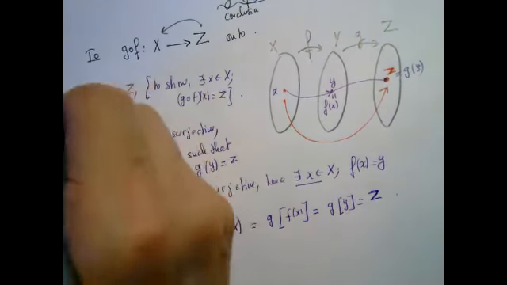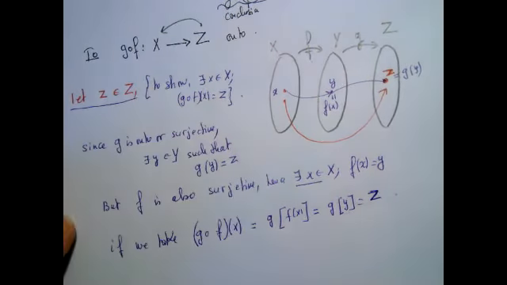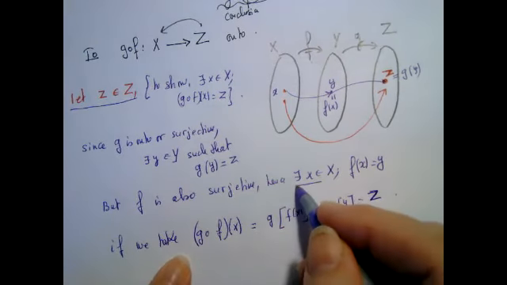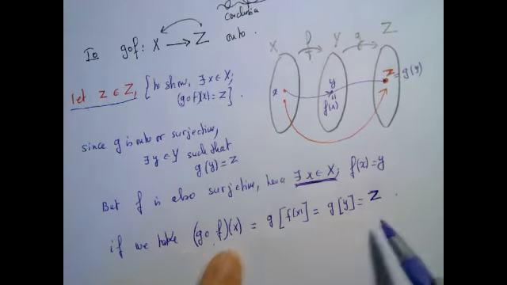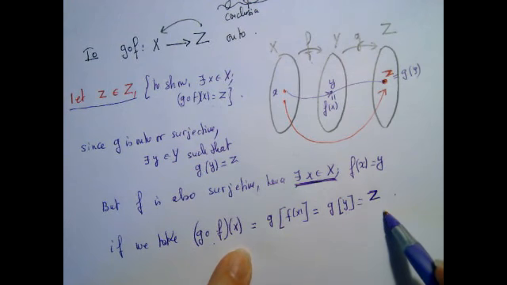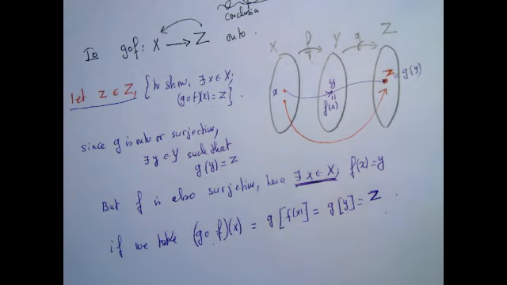We started with arbitrary Z in Z, and then we were able to find an X in X such that the composition will send X to Z. Therefore, end of the proof.